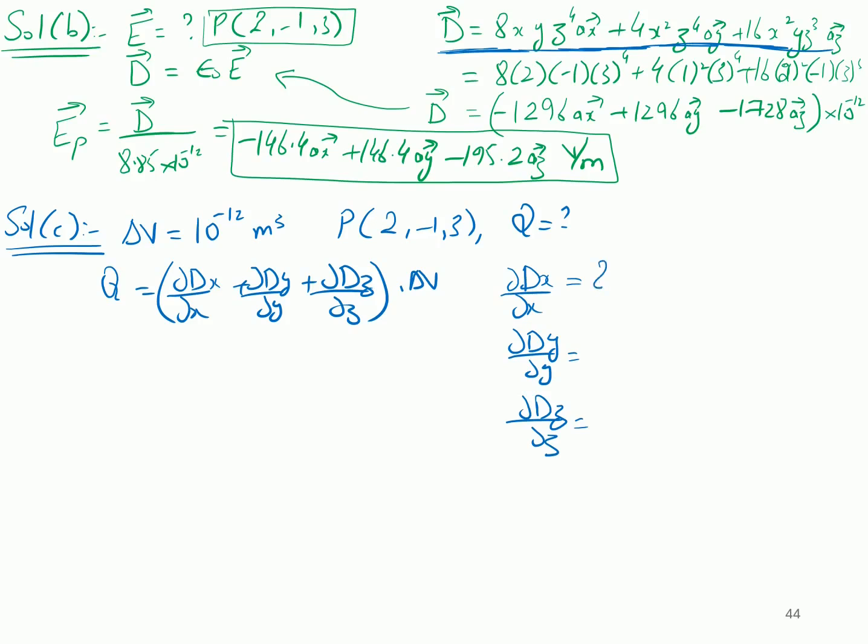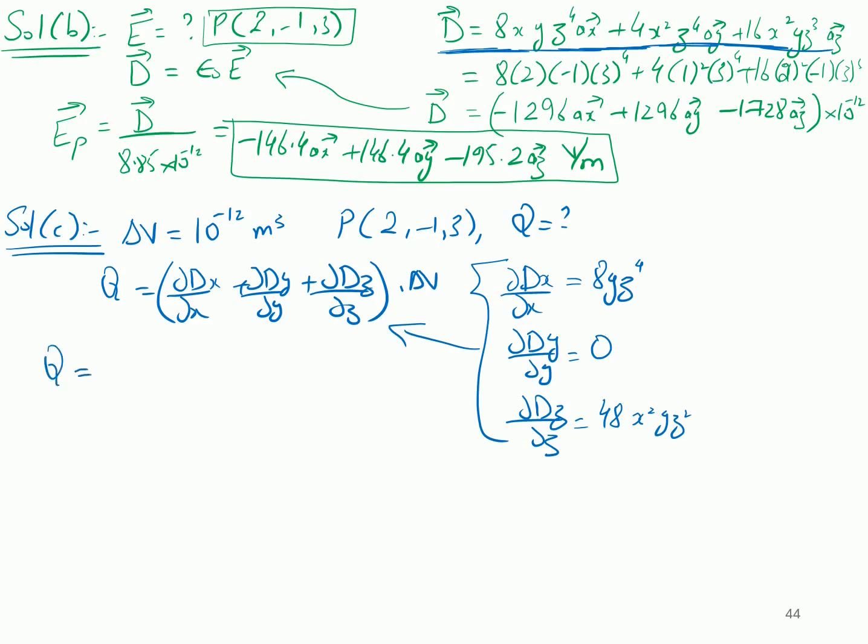So this is the first term, 8yz4. Then for y we look at the equation, there is no element of y, so this becomes 0. And in the third part, for z we get 16x square y and z power square, so 2 get multiplied with 16, so I'll get 48 x square y z power square. So these are the variables for the partial derivatives which are applied in this equation.